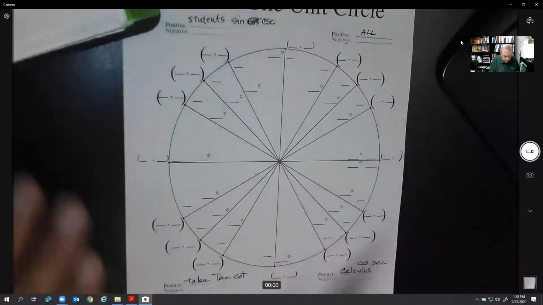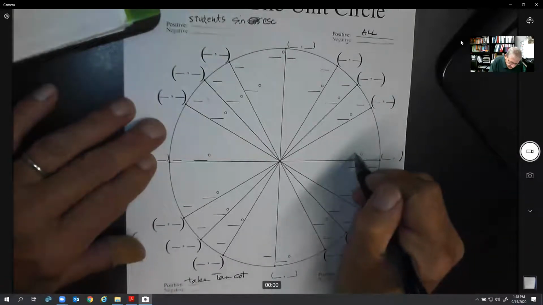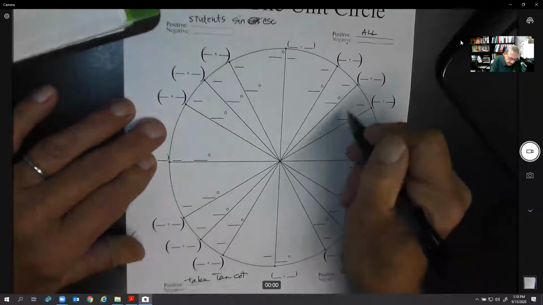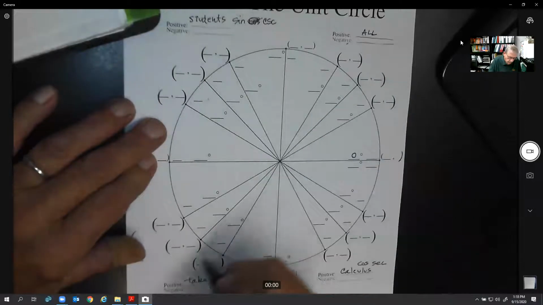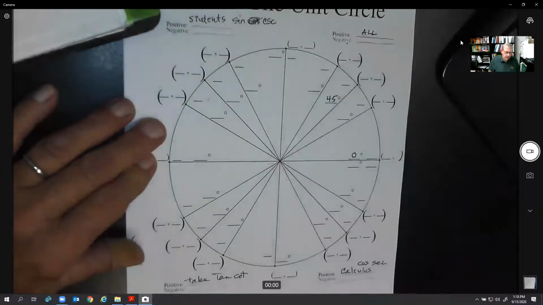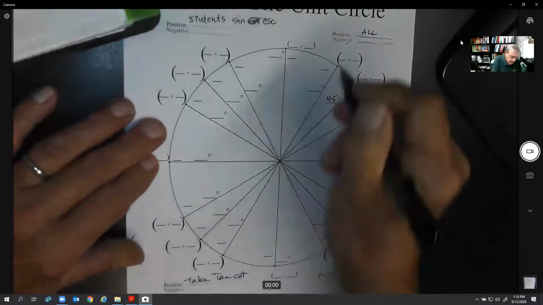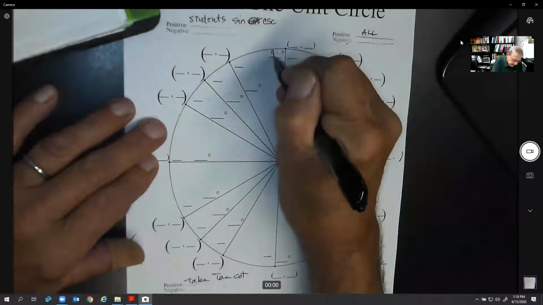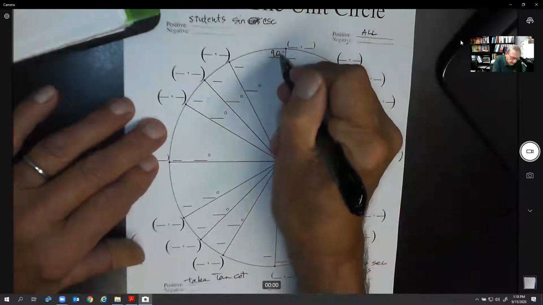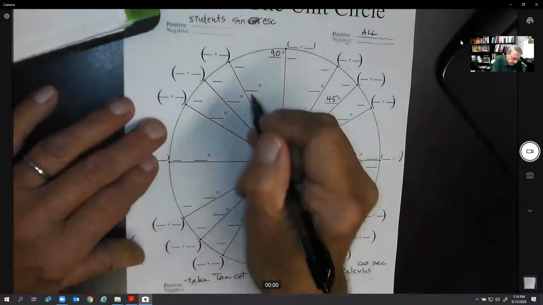Now I'm going to show you how to fill this in. I'm going to start from the basics and then we can see. This is 0 degrees, right? This angle here, we can tell is 45. 45 plus 45 is 90. I'm adding 45 each time. 90 plus 45 is 135.